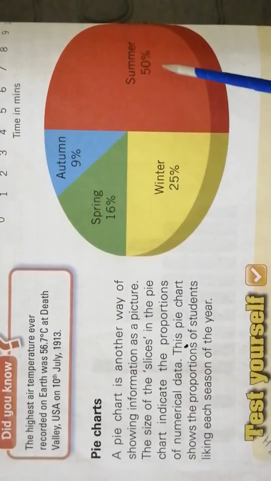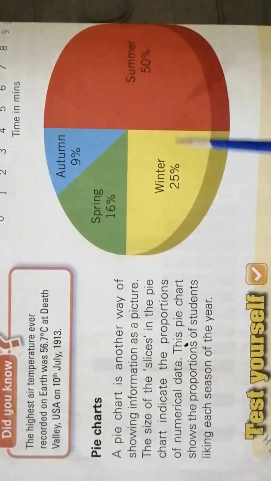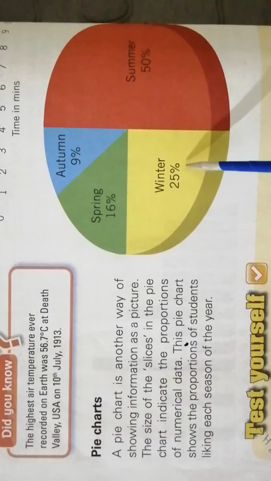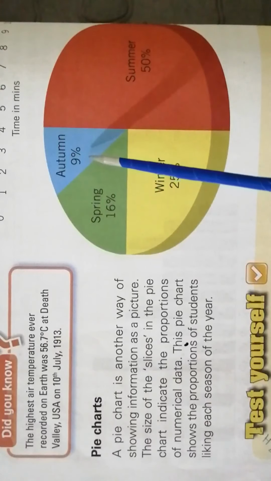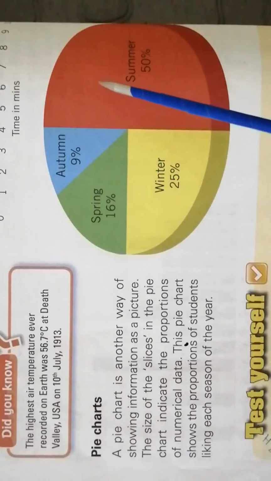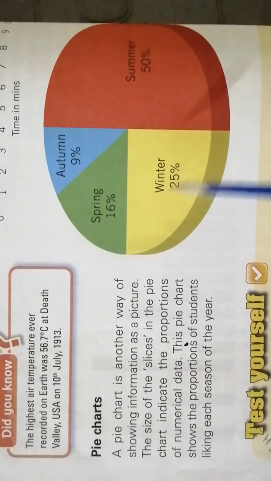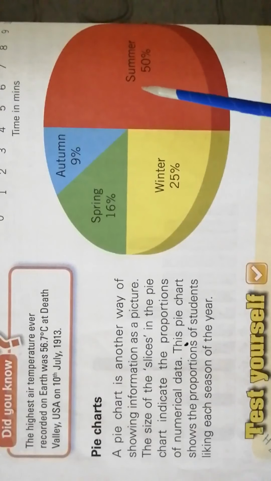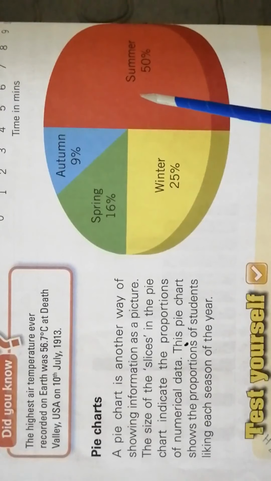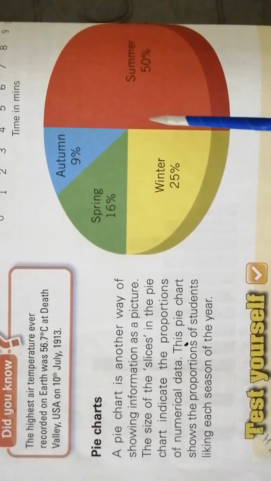In summer, the percentage is 50%. In winter 25%, spring 16%, and autumn 9%. Now we are calling these red, yellow, green, blue areas slices, and we are considering the size of slices in the pie chart, which normally indicate or represent our information, that is data, that is the numerical data.